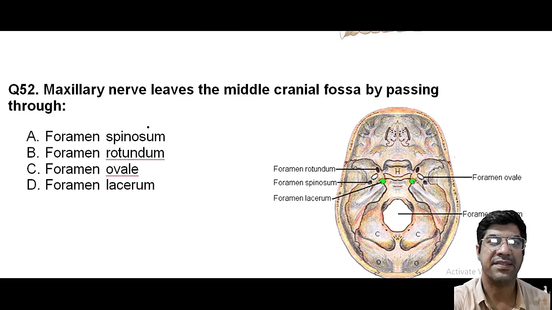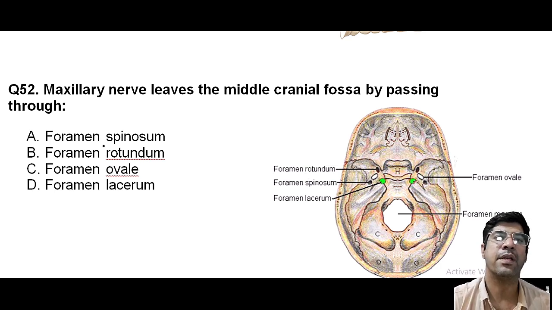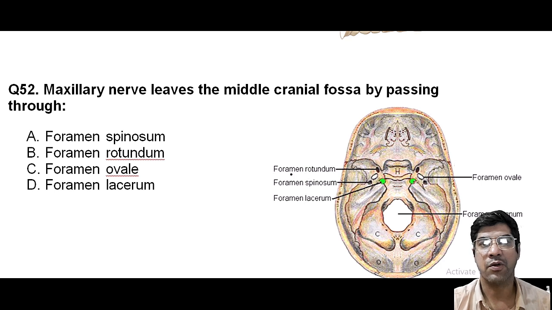The next question: the maxillary nerve leaves the middle cranial fossa by passing through which foramen? The answer is foramen rotundum. For your exam point of view, just remember the foramens and the position of each foramen. Many times in entrance exams you can get a question to identify this foramen.